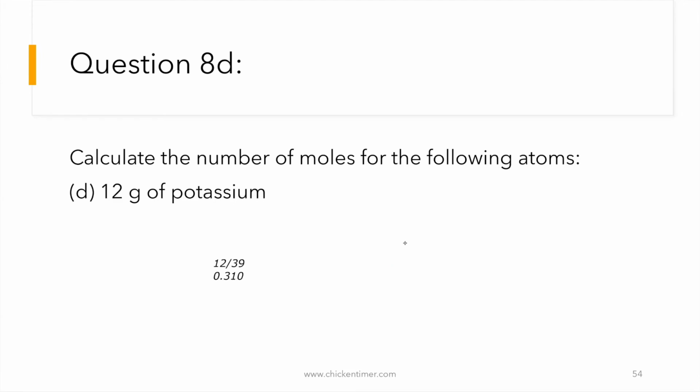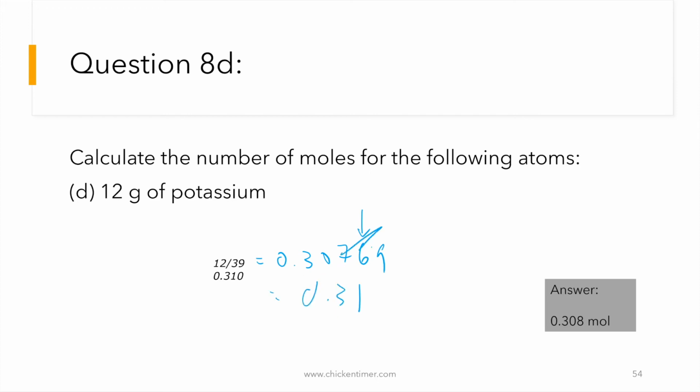And next one, 39. You want to check your calculator? 0.376. So are you doing 3SF or 2SF? If it's 0.30769, 3SF means you drop the fourth SF, so 0.308. If you want 2SF, then it will be 0.31, then drop everything else.